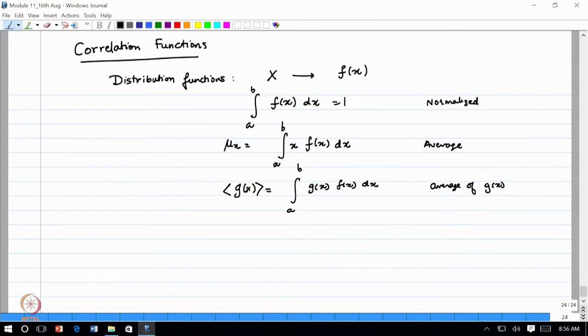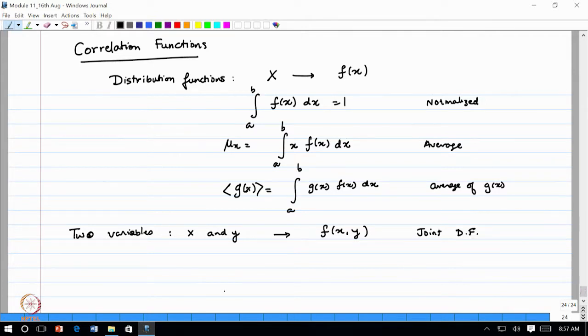Now, suppose you had two variables x and y, and let us say they had a joint distribution function f of x y. So, this is a joint distribution function.